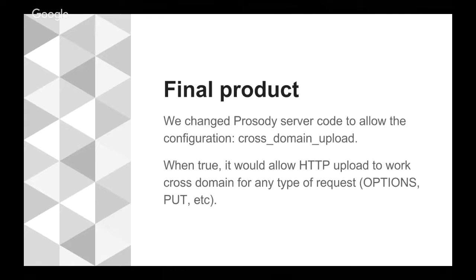For some reason, when you try to update your local variable, which is cross-domain upload inside mod_http_upload, it doesn't update, even though you call it every single time. I tried debugging that, but I couldn't find a way to fix it. So, yeah, that's the end of my Prosody journey for right now.